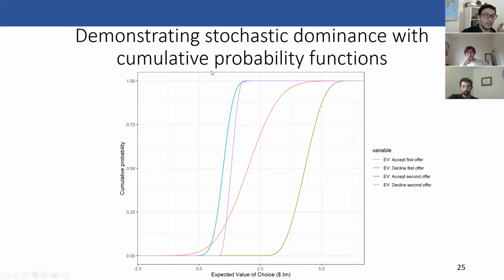And so in your second decision, you don't have stochastic dominance, while in the first decision, you do have stochastic dominance.